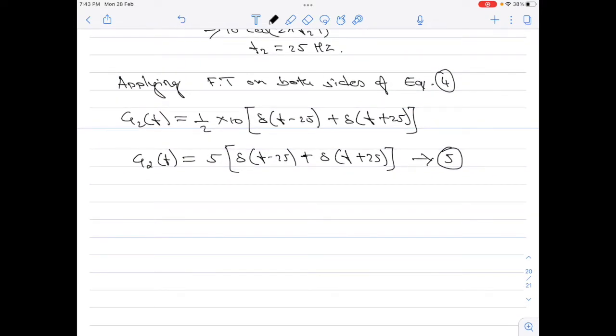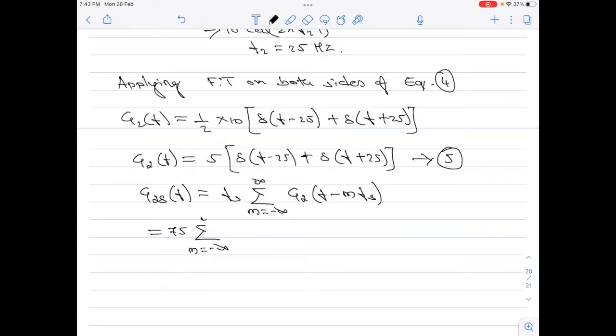Right. Now, once again, to obtain the spectra of G2 of f, I will be applying the equation for the sampling, which is G2 delta of f is equal to Fs multiplied by summation m varying from minus infinity to plus infinity G2 of f minus m Fs. So this is equal to, Fs is 75, multiplied by summation m varying from minus infinity to plus infinity.